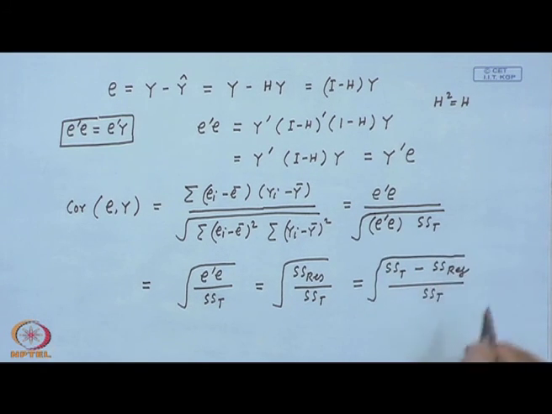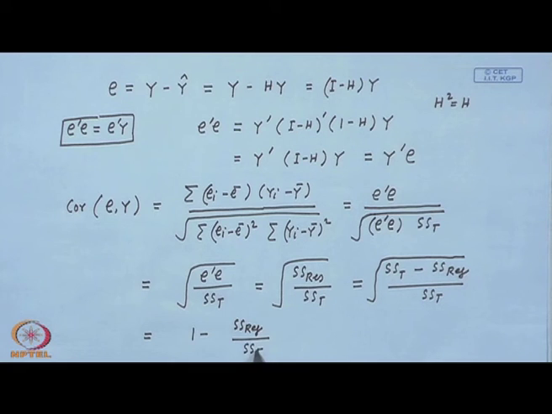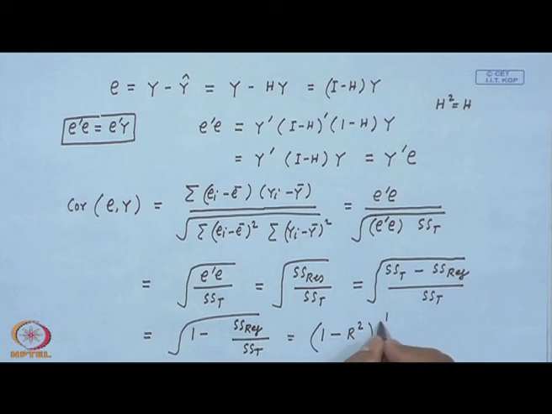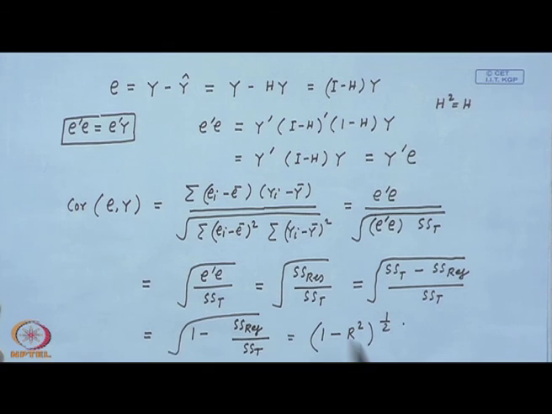So we are almost done, and this can be written as 1 minus SS regression by SST, which is 1 minus R square. So we proved that the correlation between E and y is square root of 1 minus R square.